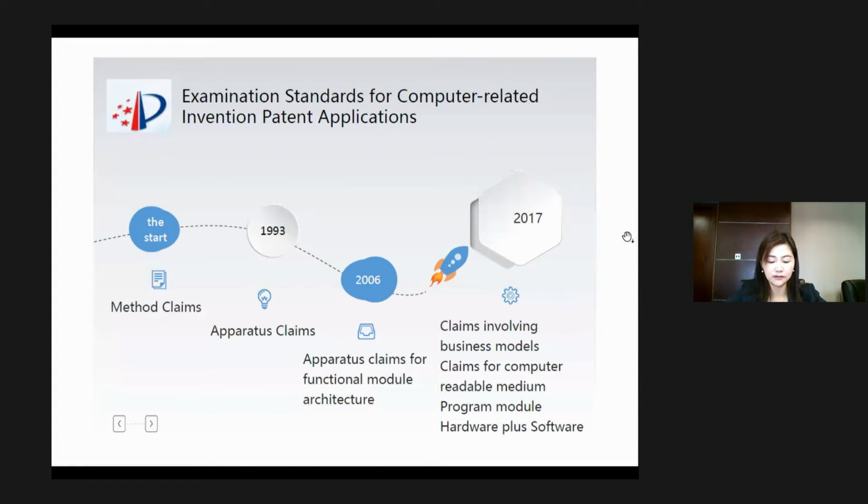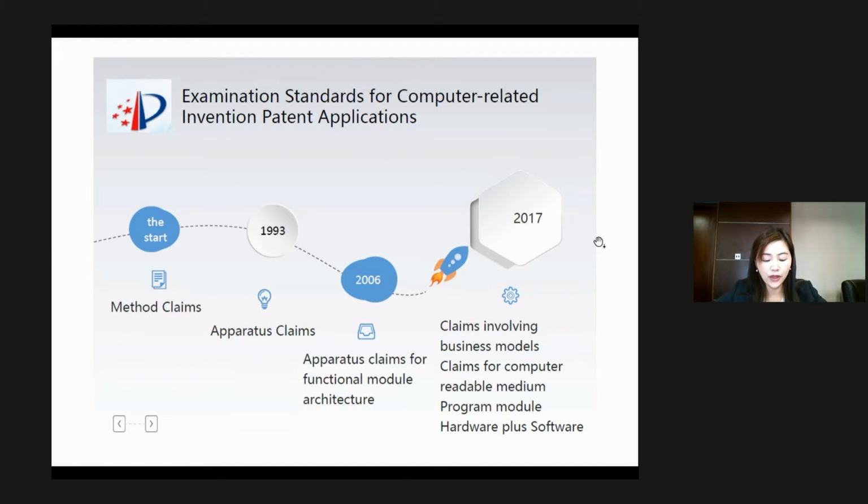In fact, China's examination standards have changed a lot. From the start, only method claims were allowed. Until 1993, apparatus claims have begun to be allowed. By 2006, apparatus claims for functional module architecture began to appear.